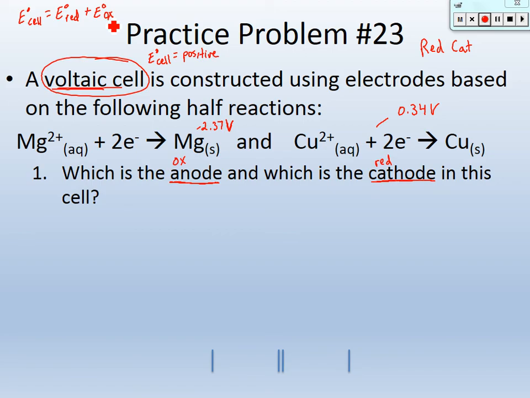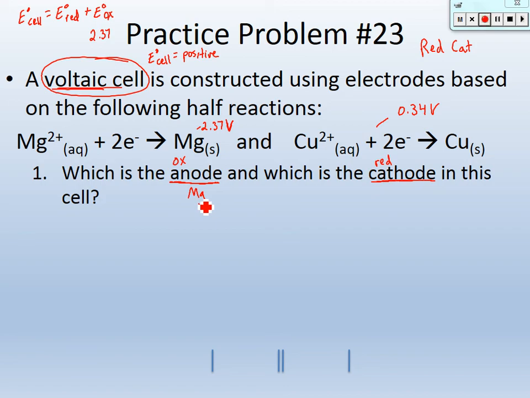So because this is negative, I'm going to want to reverse the sign here. In order for this to be positive, I'm going to have to reverse the sign. Well, if I reverse the sign and it's written as a reduction right now, I want it to be the oxidation half reaction. So this one's going to be my oxidation half reaction, and I'm going to put 2.37, not minus 2.37. So we know that the anode is going to be the magnesium.